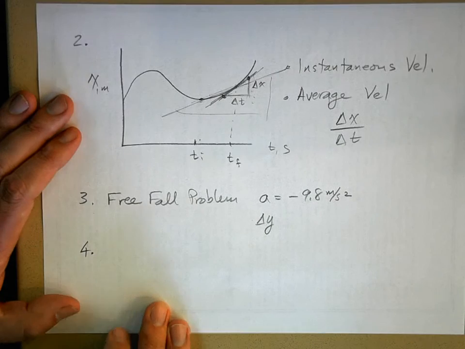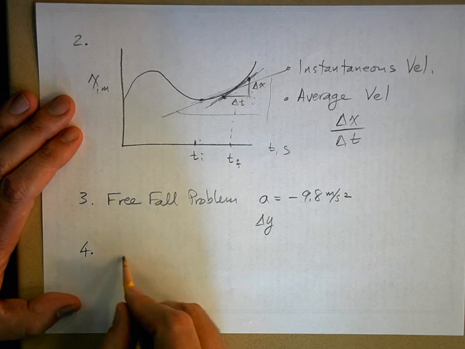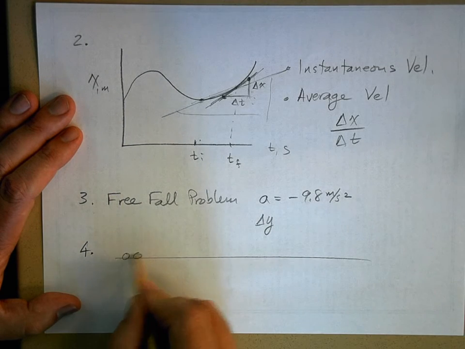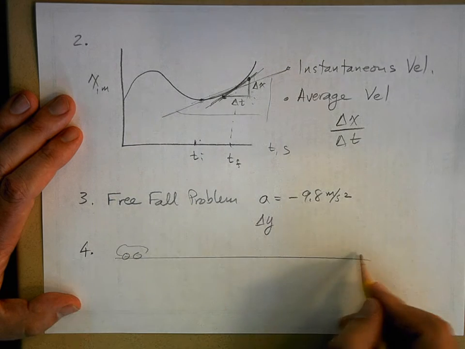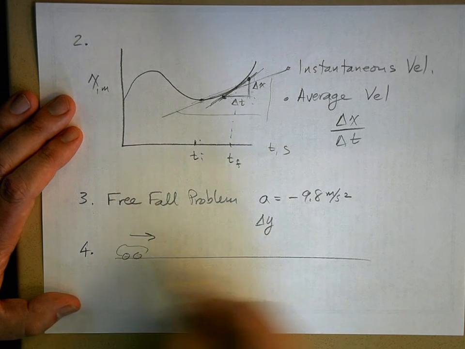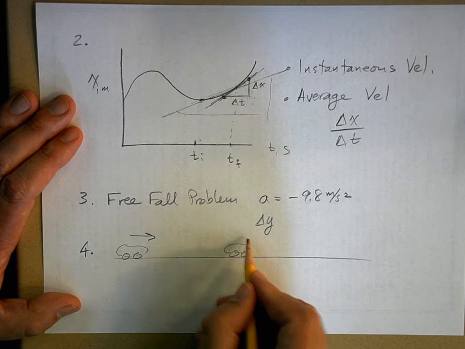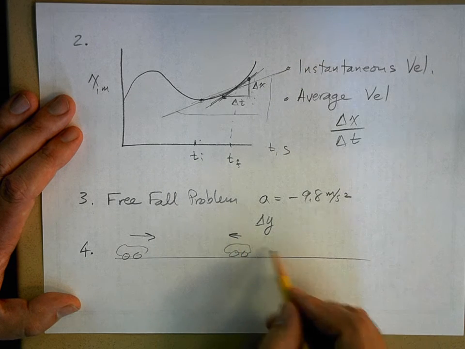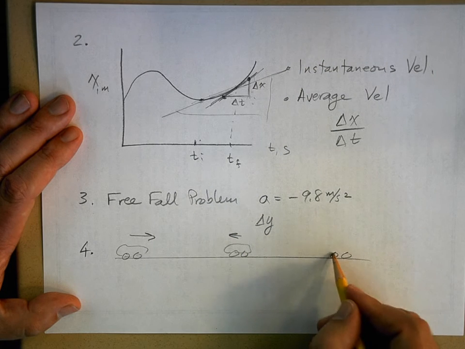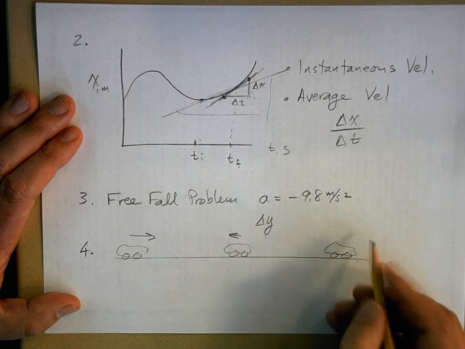Problem number 4 involves 2 accelerations. You're going to get a car like this, and it's going to accelerate forward until it gets here. And then it's going to decelerate until it comes to a stop. So here's the car at a stop.